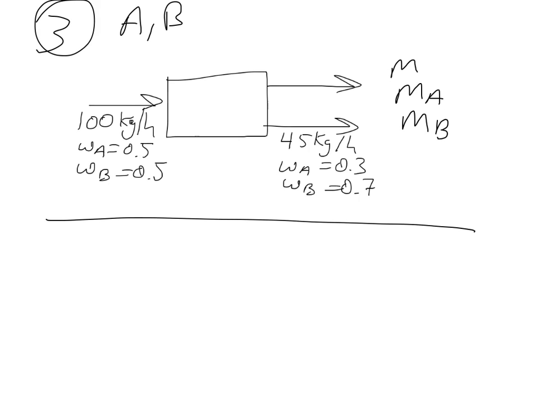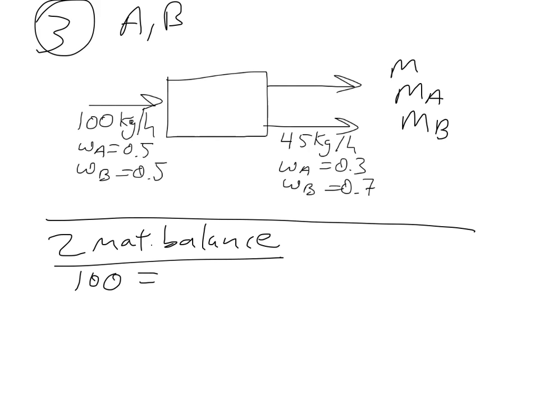The way we'd set this up is we would write out our three equations. Two of those are material balances, since we have two species. In this case 100 equals 45 plus M is our total balance.